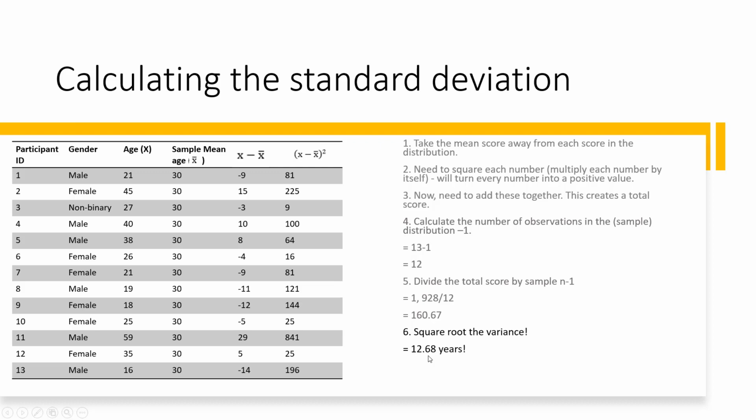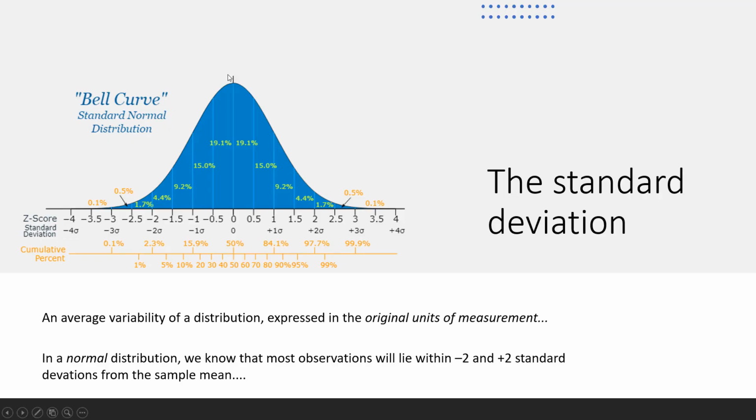So we would know that our mean here is 30, and a lot of people score between 30 and 30 plus 12.68, or 30 minus 12.68. That's where the big peak in our distribution falls, if we have a normal distribution.